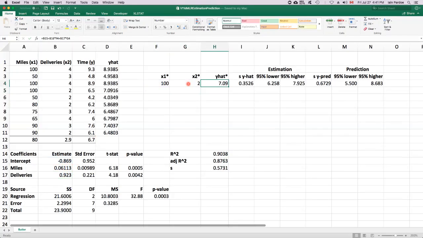That's our point estimate, but we would like to put an interval around that number to represent the amount of uncertainty we have in our answer. To do that, we're going to use a standard error. The standard error here is called s y hat, and it's the standard error of estimation.